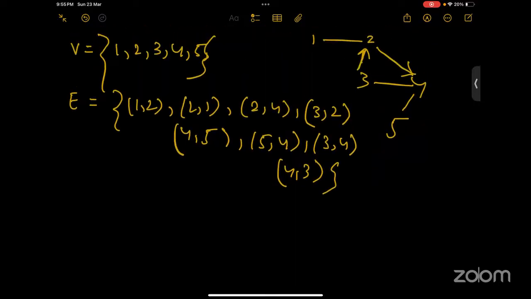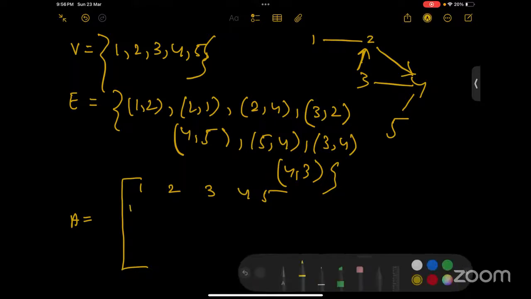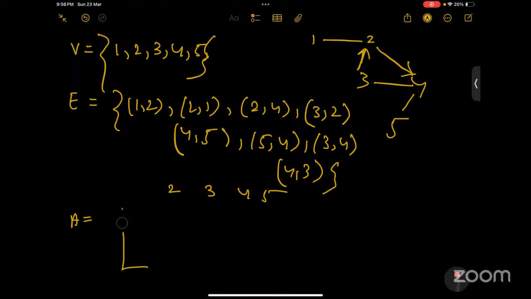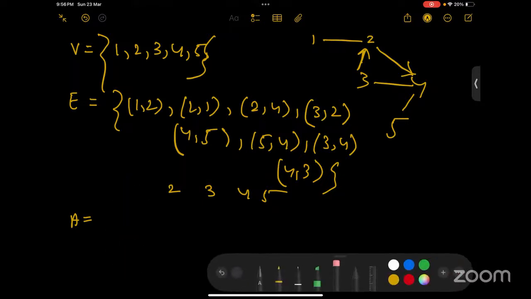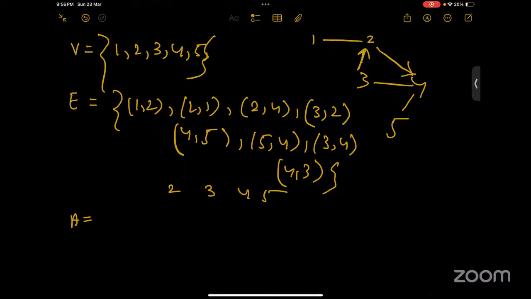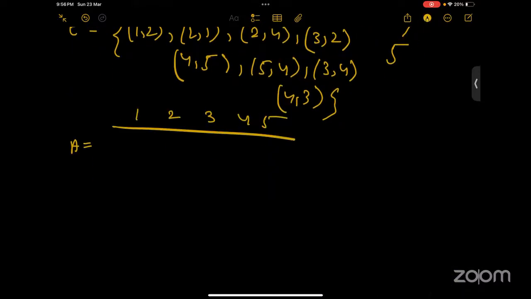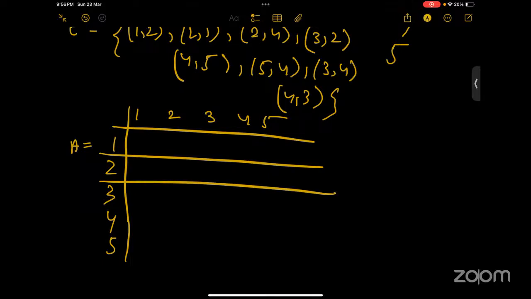Now, what will be the matrix? It will be a 5 cross 5 matrix. So we have 1, 2, 3, 4, 5 here, and 1, 2, 3, 4, 5 here.